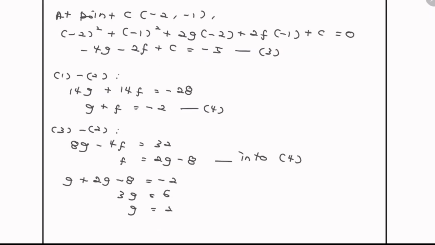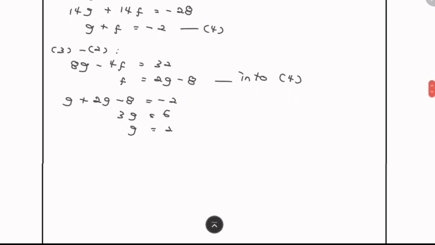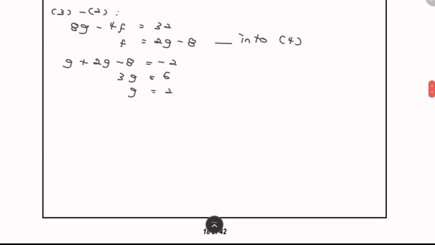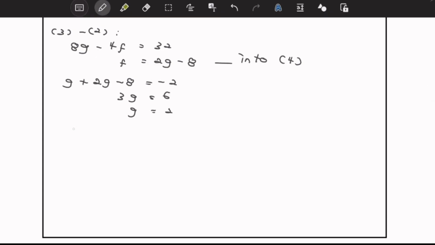Now we get the value of g. So let's find the value of f. So f = 2 - 8 = -4. Substitute both into equation 3.